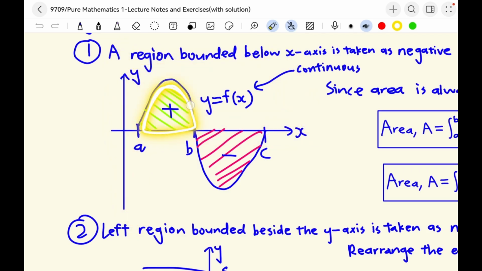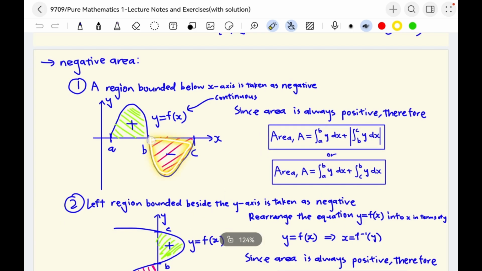So this region is taken as positive. What about the negative? It's under the x-axis, of course, because y is negative and y is positive. Makes sense, right?